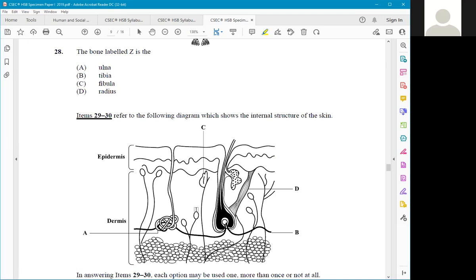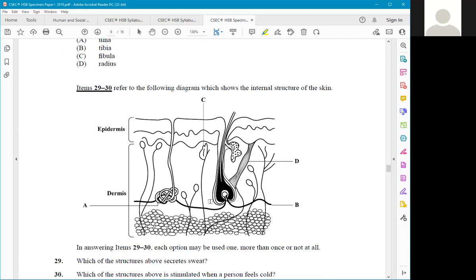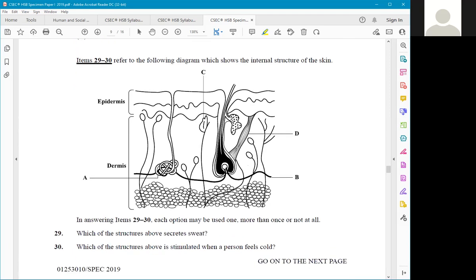And 29. Items 29 to 30 refer to the following diagram, which shows the internal structure of the skin. Okay, let's look at it. You see a couple of familiar things there, like the sweat glands, the artery, the erector muscle connected to the hair follicle, and something looking like a nerve ending.